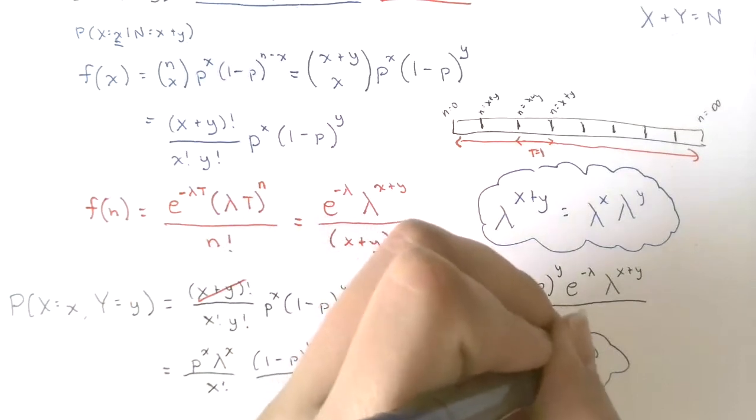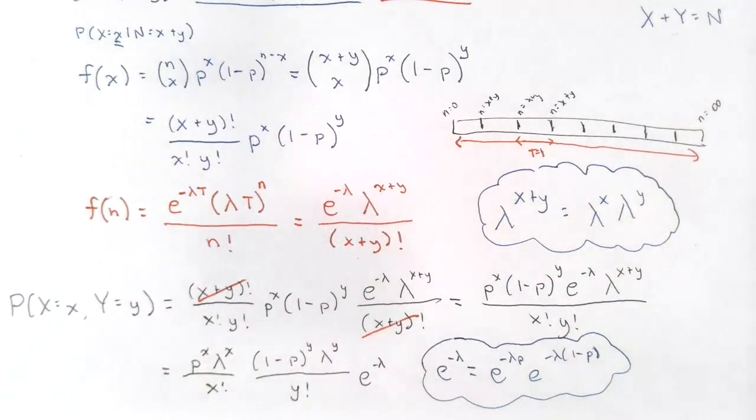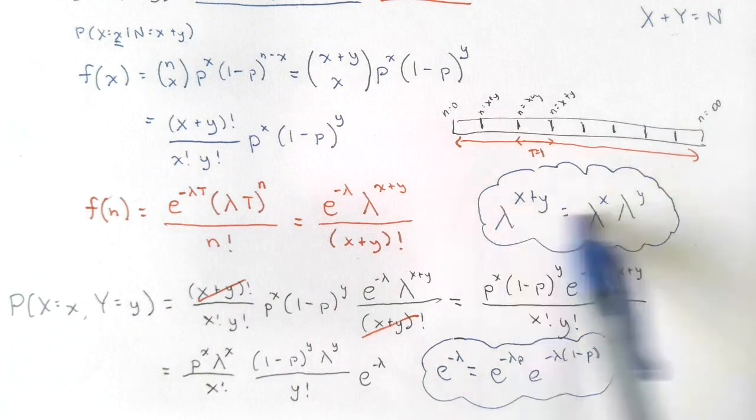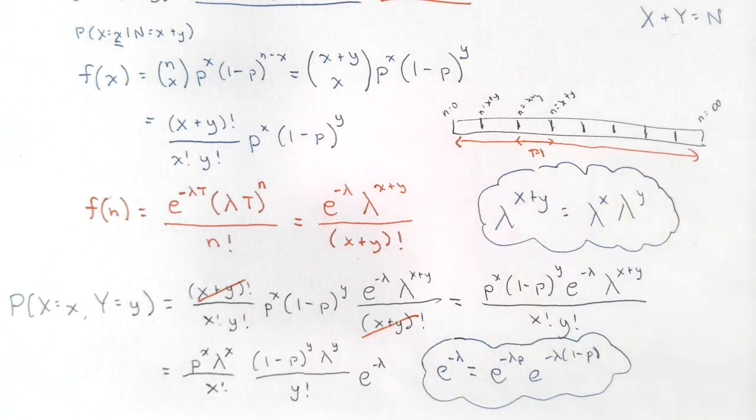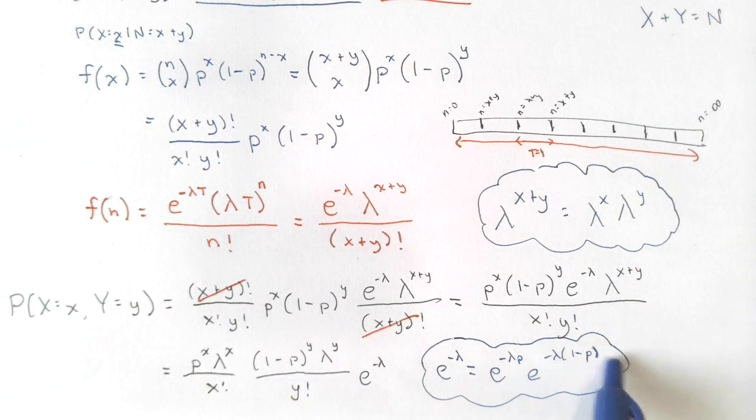Is this correct or not? And you can use this as a guide to see if this is correct. Let's see, if we multiply e to the negative lambda p times e to the negative lambda times 1 minus p, is that going to give us e to the negative lambda?